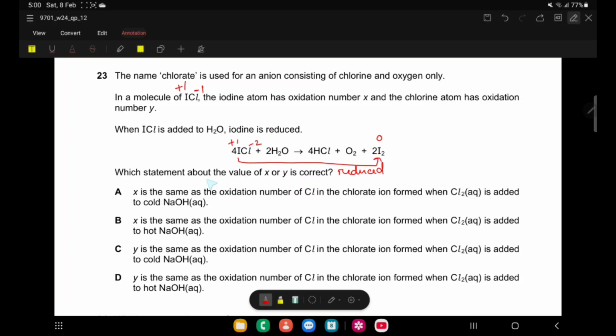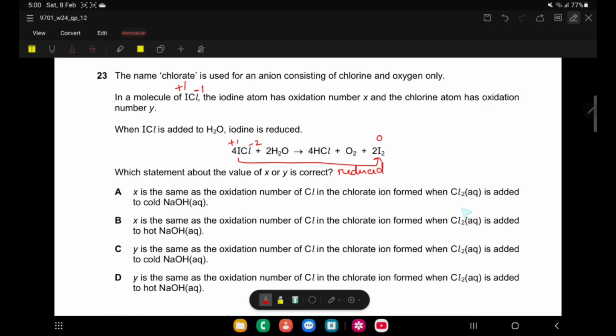What is the correct statement? Which statement about the value of X or Y is correct? X is the same as the oxidation number of chlorine in the chlorate ion formed when Cl2 is added to cold sodium hydroxide.